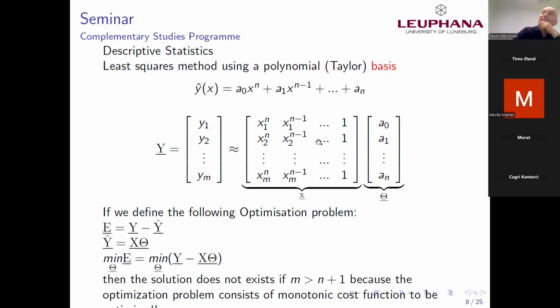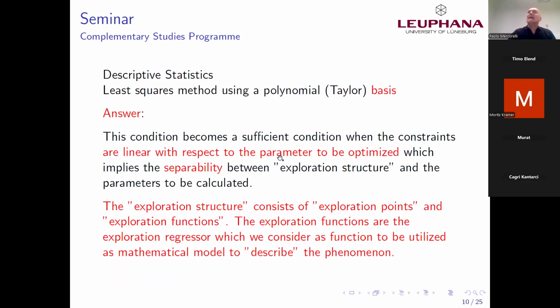If the parameters are also in the exponent of the exponential function, we cannot separate. Of course, if the parameters are related just to the amplitude of the exponential function and the exponents are fixed, in this case yes. The concept of separability is a clear concept. Here is a little bit of repetition of this in order to obtain a convex optimization problem.